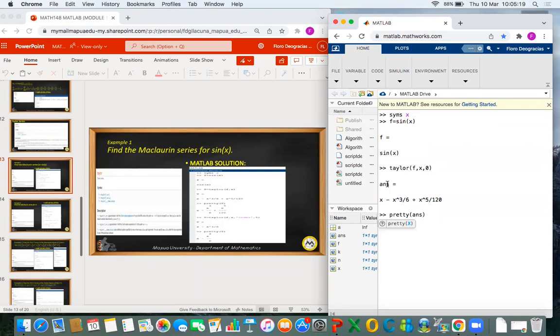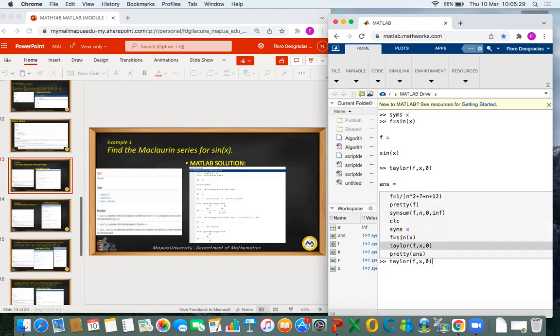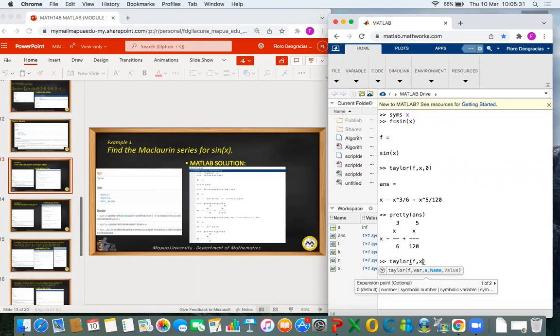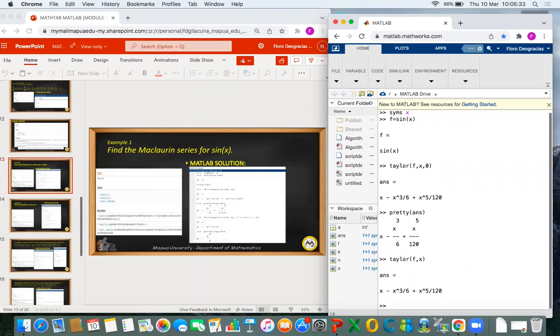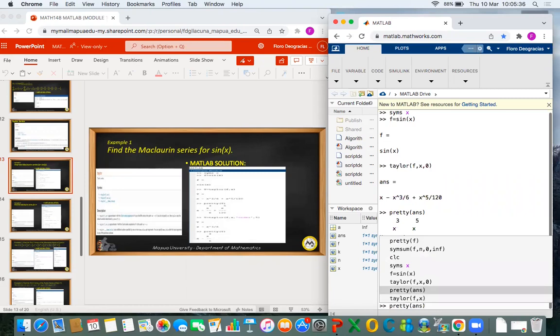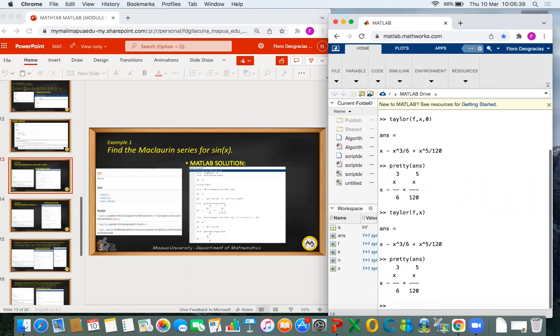The name of the output is ans. So that's the answer, class. If I will not use zero, I will remove zero. Do we have the same answer? Then pretty ans. Yes, because it evaluates also at x equals 0.